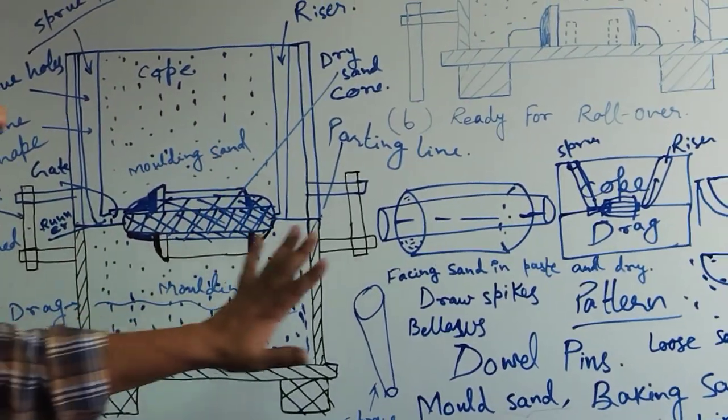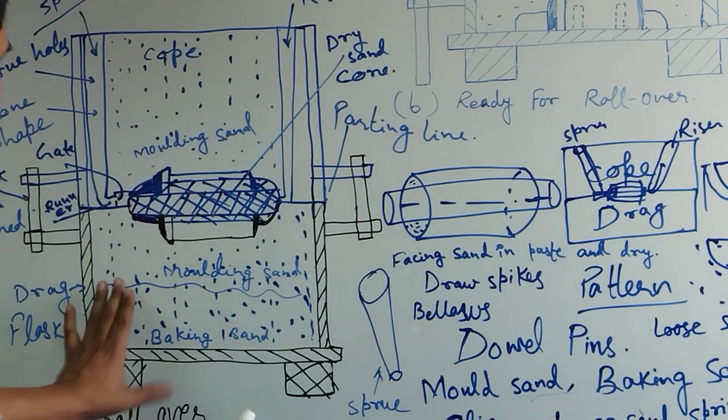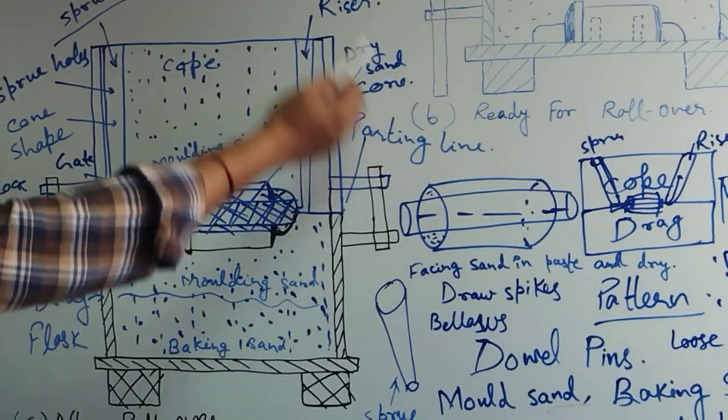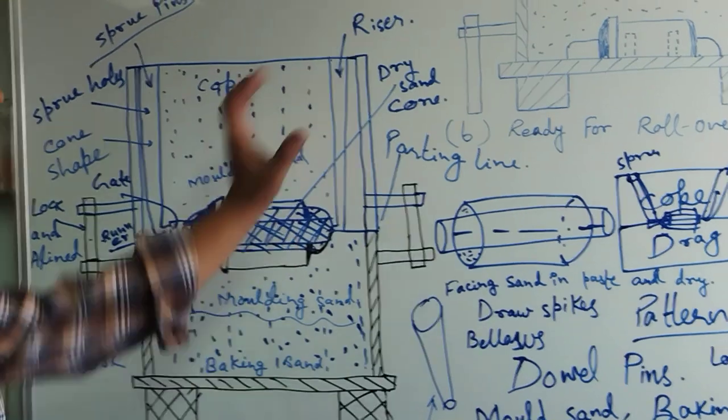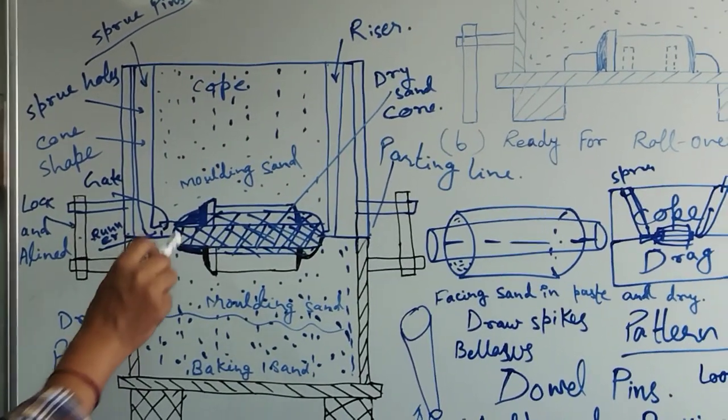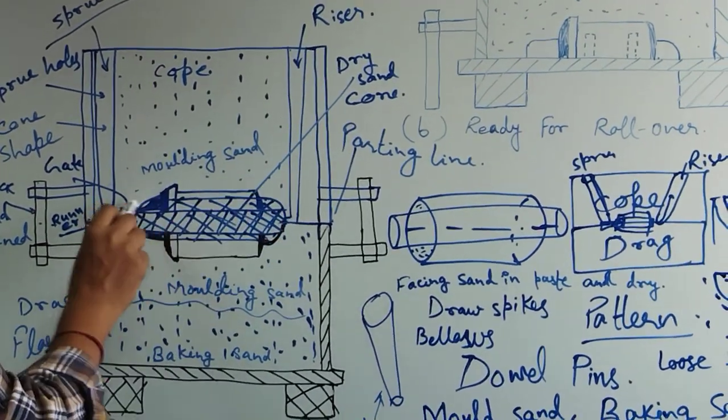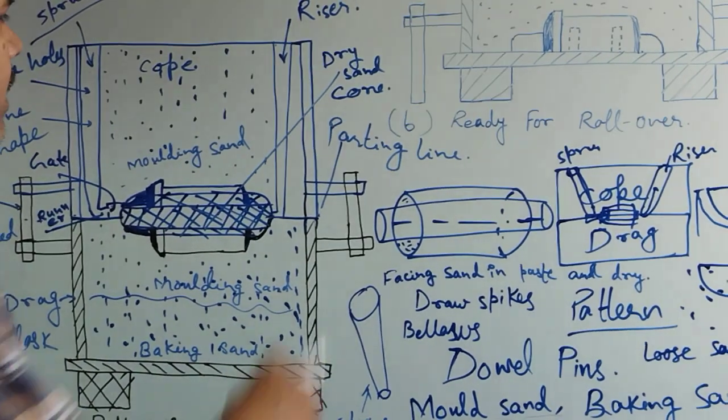When we have completed the drag part completely, then the cope part is placed on the drag part before inserting the dry sand core.